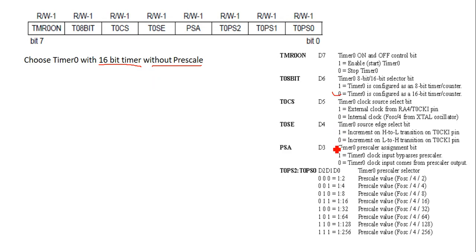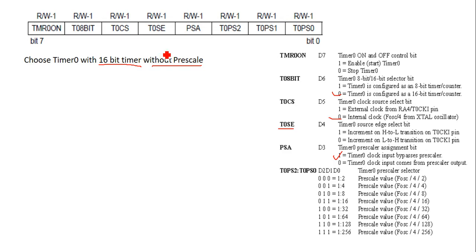Without prescaler means you are bypassing the prescaler, so use this one bit. Now you are using the internal clock, since we are using this as a timer delay, so this bit is also 0. Then we are not using an external clock, so this bit is a don't care condition, or put 0.